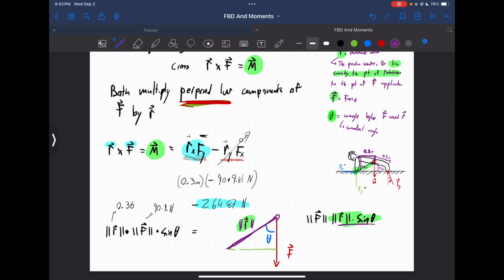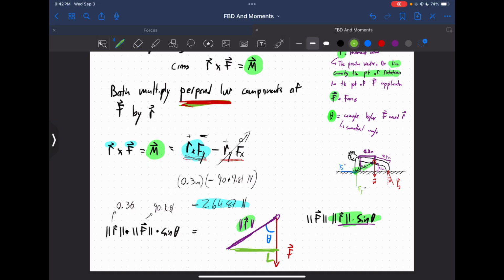And that opposite is this green side, which is perpendicular to that force, right? So we now see that both moment equations are perpendicular to force and that moment arm.